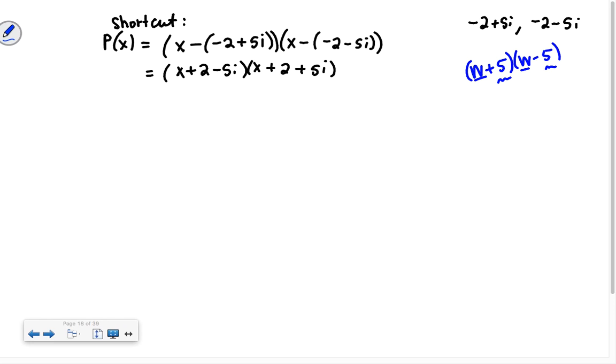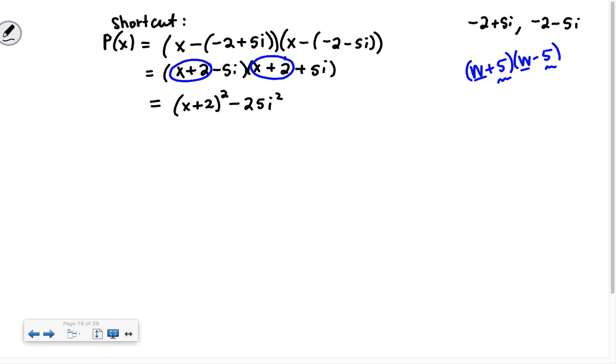This is set up the same way. This is like x plus 2 and x plus 2. That's like our w. So we have it set up as something minus 5i and that same something plus 5i. So when we have something minus 5i times something plus 5i, what we can write it as is x plus 2 squared minus 25i squared.